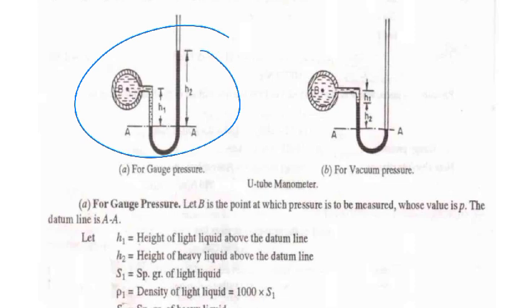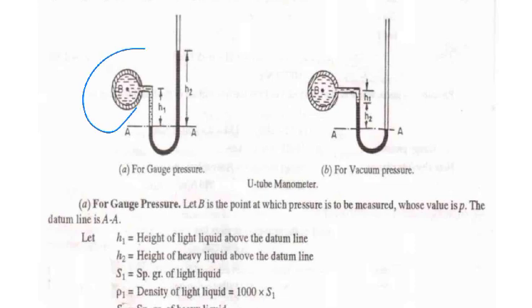Let B be the point inside this vessel or tube at which the pressure is to be measured, whose value is P. A-A is the datum line.